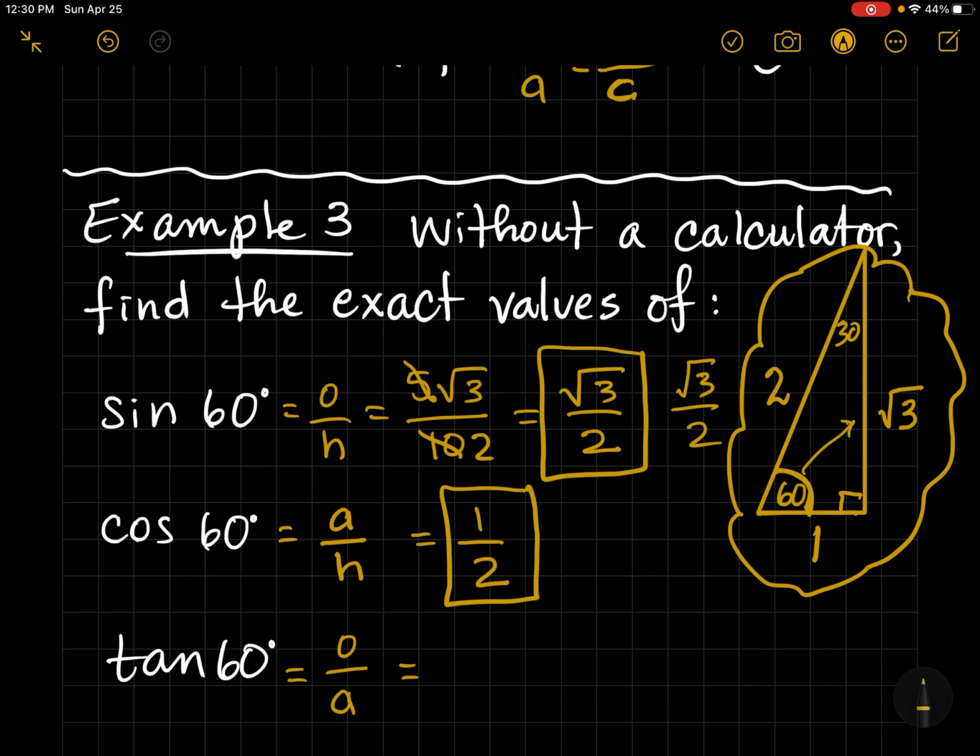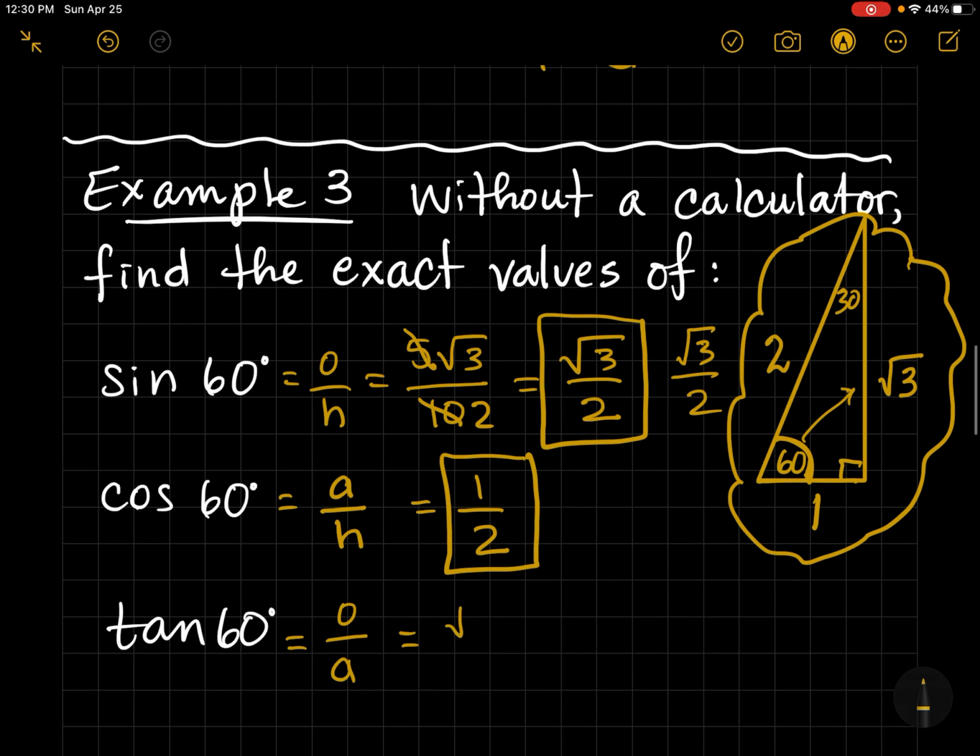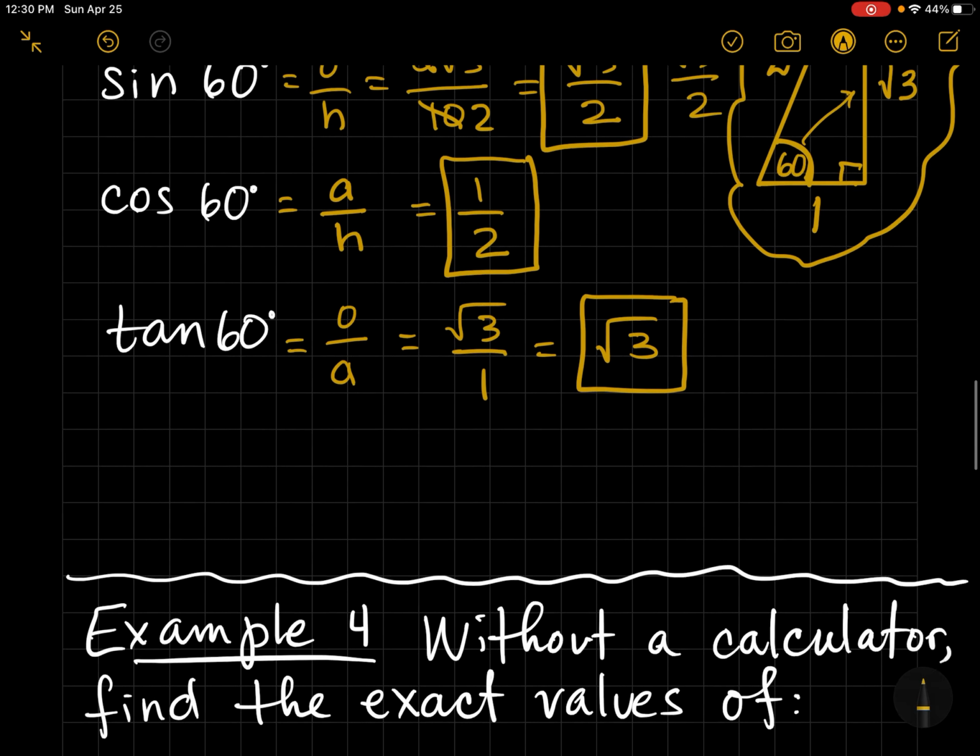That's what SOHCAHTOA says. So the opposite is the square root of 3. The adjacent is 1. So the square root of 3 is the exact value for the tangent of 60 degrees. Again, it doesn't matter what triangle you use, but I like this one just so I don't have to reduce.